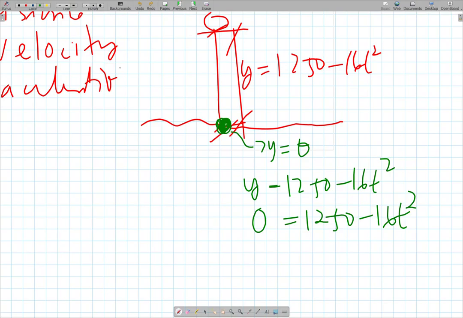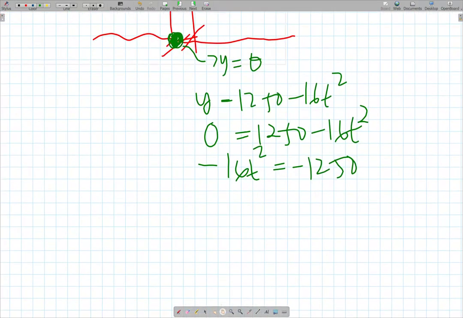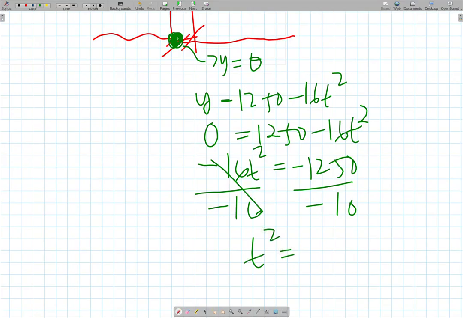So, negative 16t squared equals negative 1250. Transpose 1250. And then, divide it by negative 16, cancel out. So, our t squared is how much? 1250 over 16.